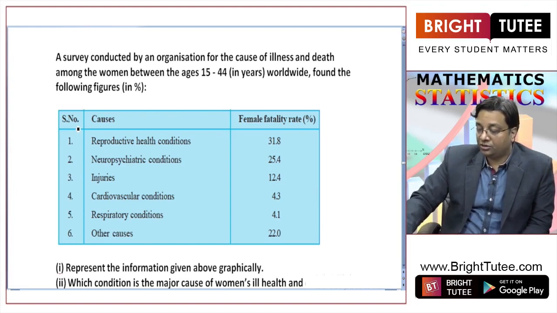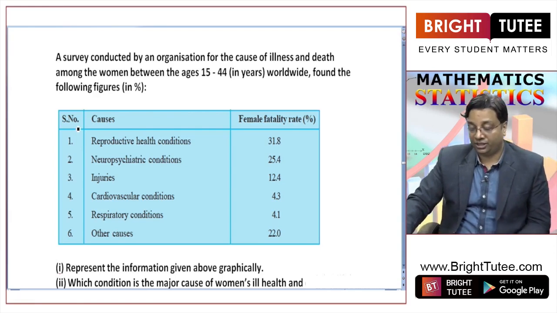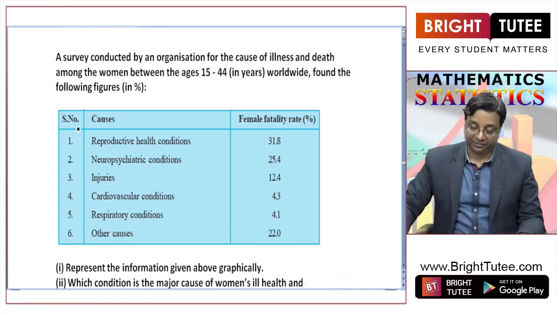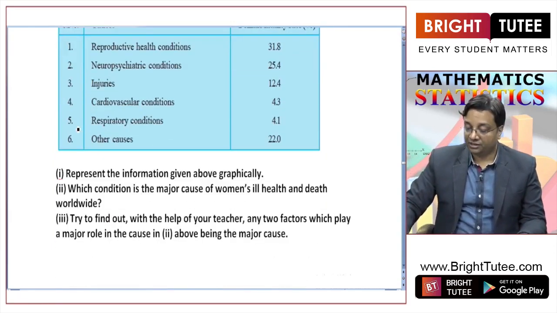Neuropsychiatric conditions caused 25.4%. Injuries 12.4, cardiovascular conditions 4.3, respiratory conditions 4.1. Other causes caused 22% of the female fatality. Represent this information given above graphically.